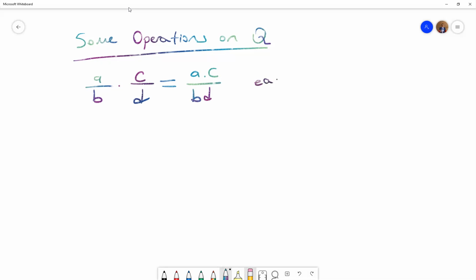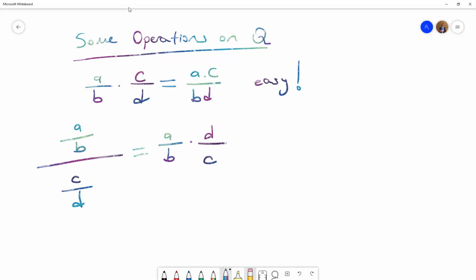It is easy, you see. And the division part: a over b divided by c over d. You keep a over b as itself and multiply it by d over c. So you flip the second one over.